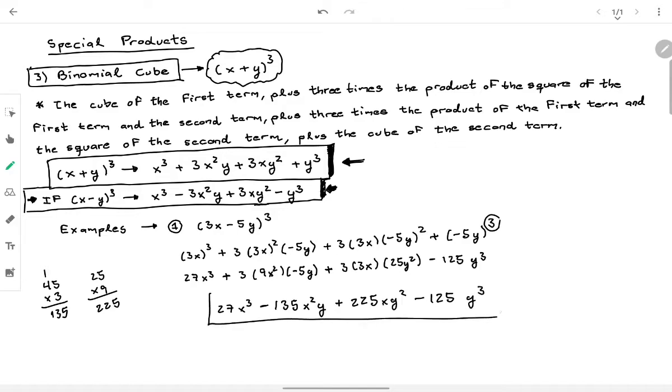So as we saw in this specific exercise, we can always use this specific formula, the first one, and if we respect the signs of every term, we will get the correct answer.